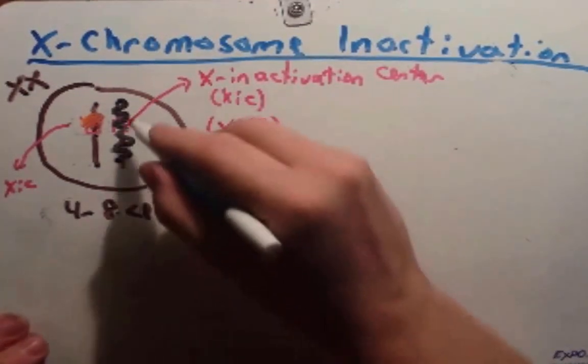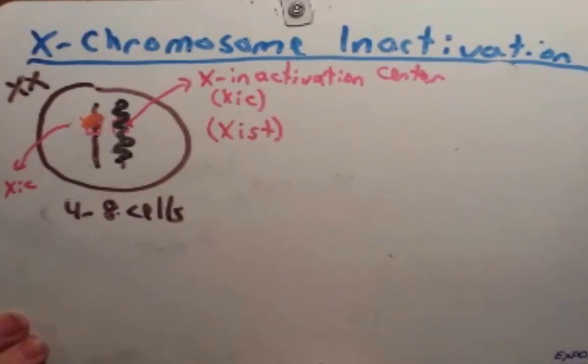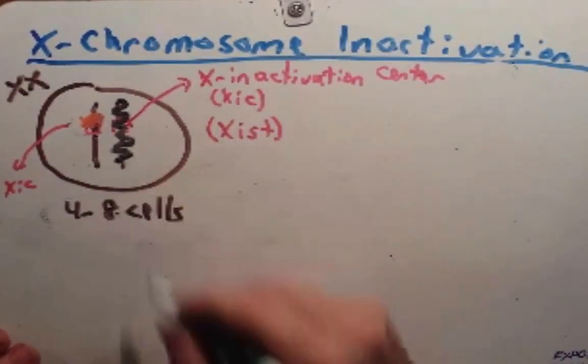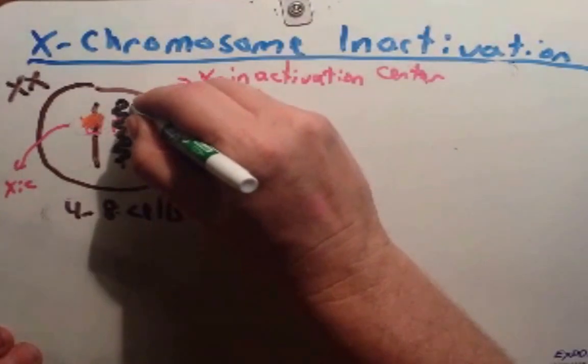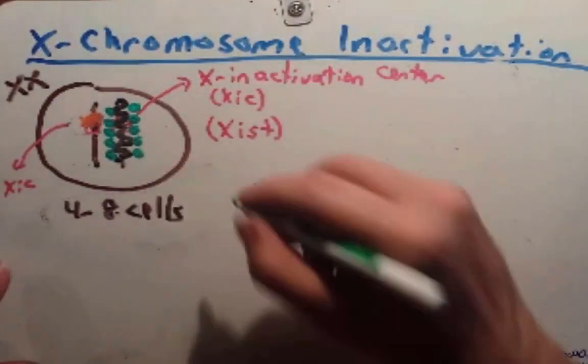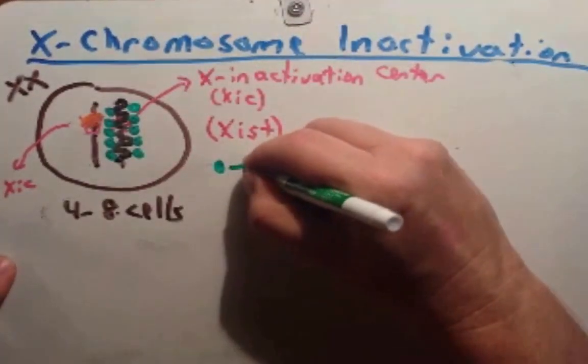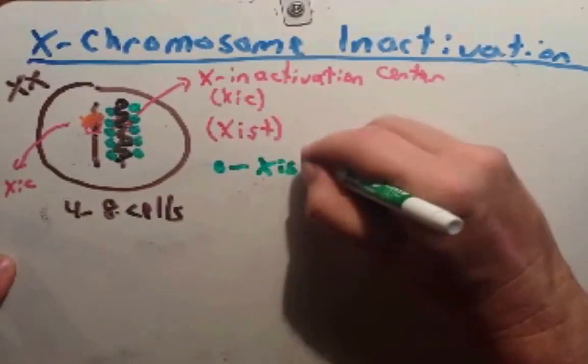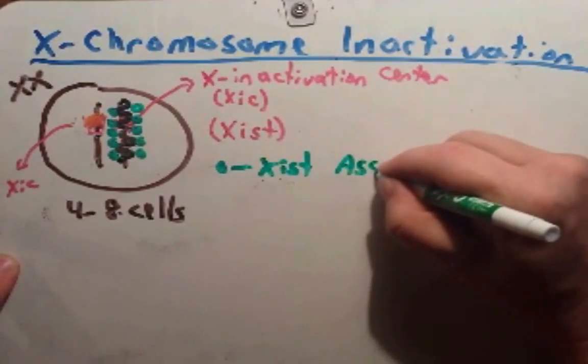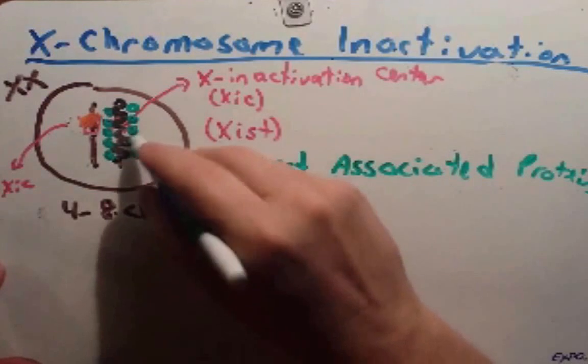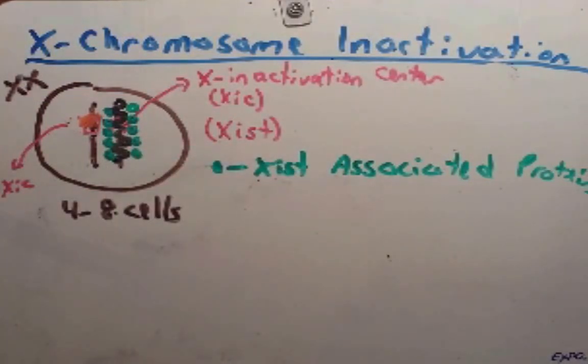Once this xist RNA coats the entire X chromosome, various proteins, and you can just know these as xist associated proteins, bind to this xist RNA, and when they bind to it, they will begin to compact the X chromosome.